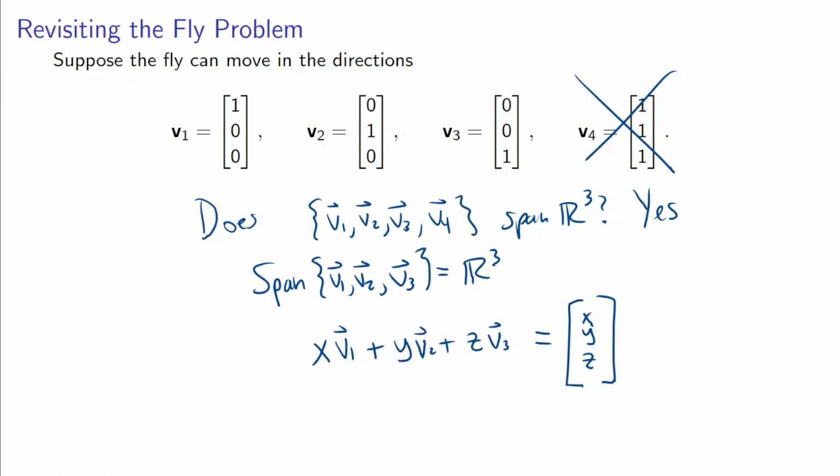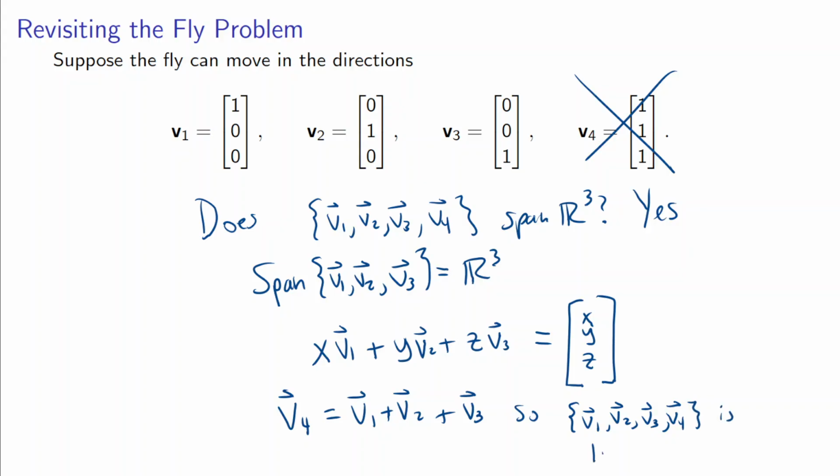And again, it's easy to see how to do that. v4 just equals v1 plus v2 plus v3. So this tells us v4 is a linear combination of v1, v2, and v3. That means that the original set, v1, v2, v3, v4, is linearly dependent.